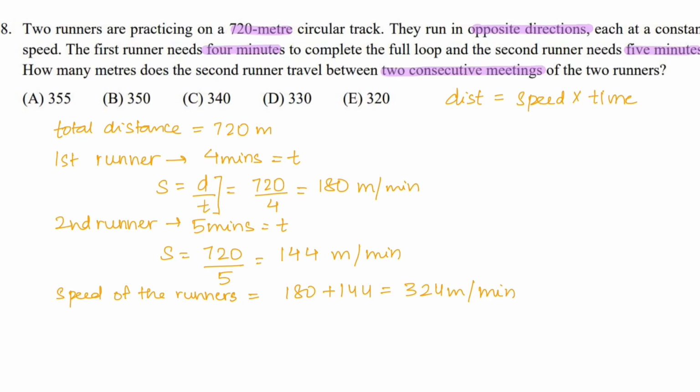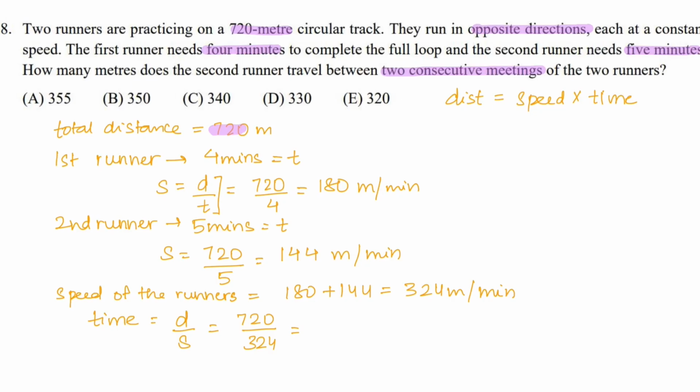That means we are going to figure out the time they're going to meet together. So the time is going to be again distance over speed, right? So the distance is 720 over the speed is 324, and if we divide it by 12, that gives us 60 over 27. Further dividing it by 3, that's going to give us 20 over 9 minutes.